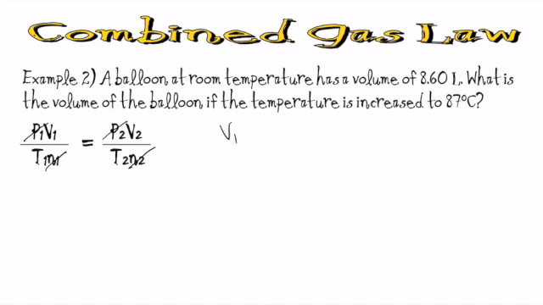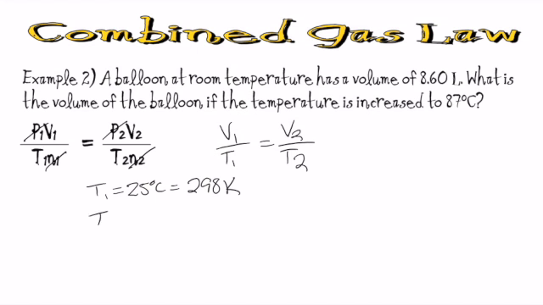So our formula, V1 over T1 is equal to V2 over T2. So T1 was room temperature, which is 25 degrees Celsius. We have to have it in Kelvin, so we're going to add 273, so 298 Kelvin.